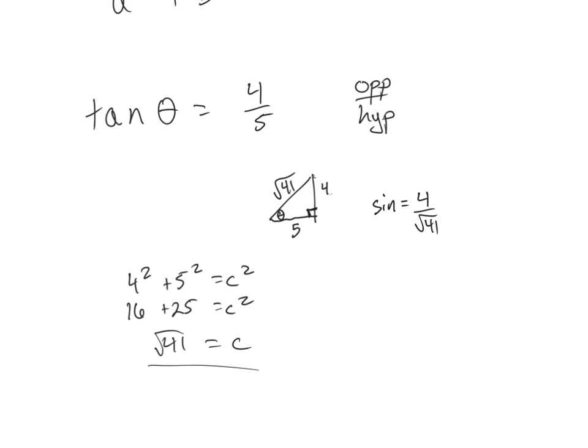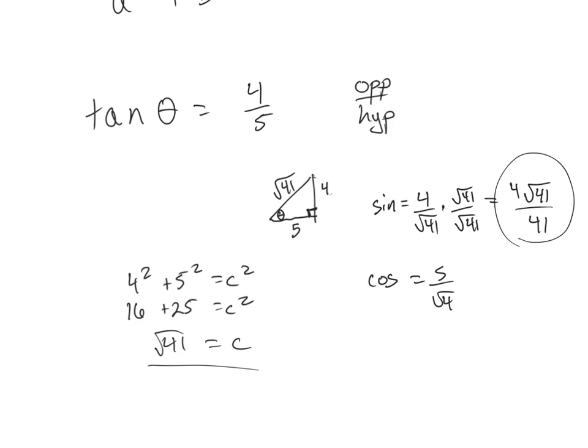We do not like radicals in the denominator, so I'm just going to multiply both by that. That gives us 4 root 41 over 41. This is what our answer is for our sine. Cosine is adjacent, so that's 5 over root 41, which is 5 root 41 over 41. Tangent, we already know, that's 4 over 5.